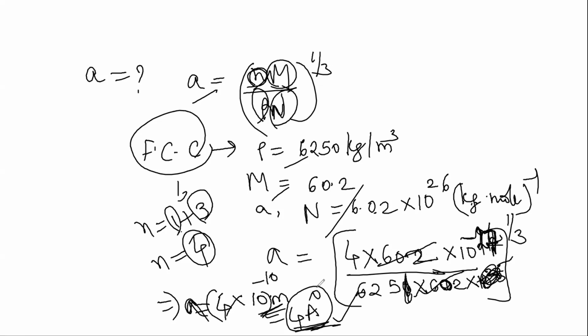Okay, now in this way we can calculate lattice constant when given density and number of atoms per unit cell. You have to know, because based on the structure, crystal structure, whether face centered or body centered, you have to know. That's the reason I asked you to study. Now let me do one more problem for you.